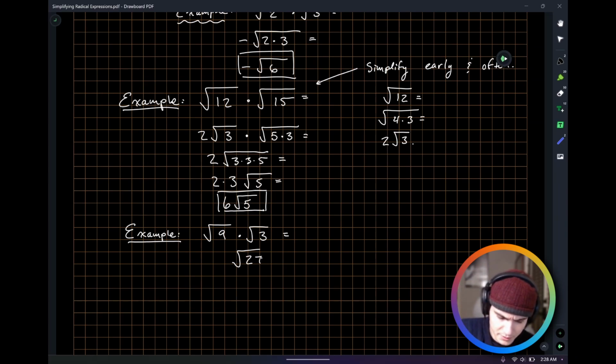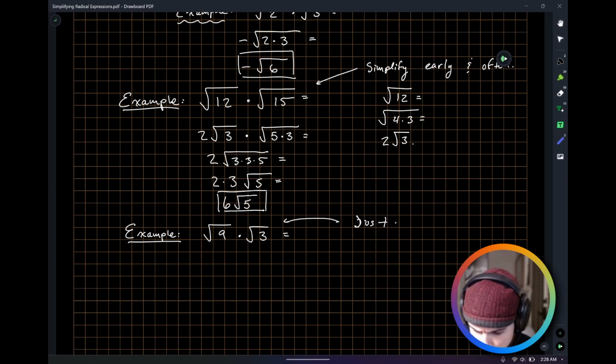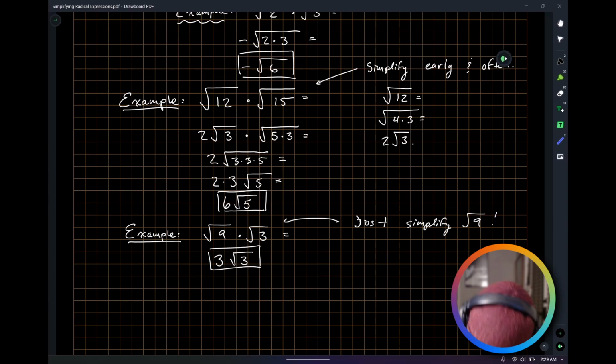And ultimately, this question's asking us to just simplify square root of 9. This would be 3 times root 3, and that is simplified. So nothing really to do here.